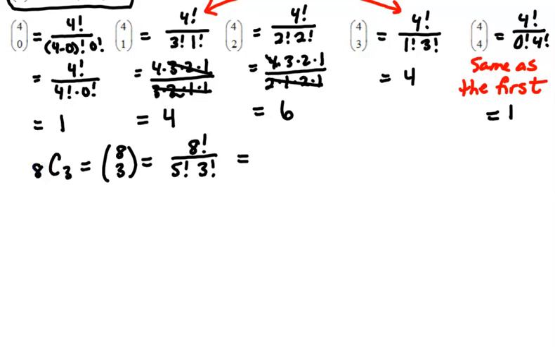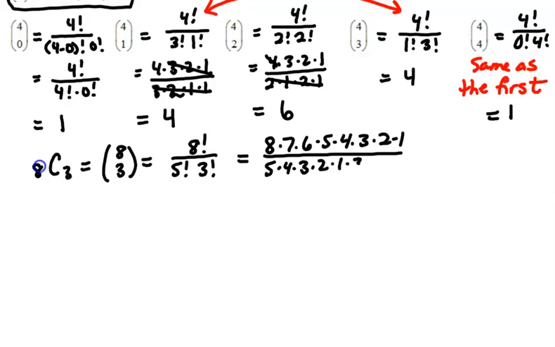Now I'm going to show you 2 ways. Okay, so 8 times 7 times 6 times 5 times 4 times 3 times 2 times 1 all over 5 times 4 times 3 times 2 times 1 times 3 times 2 times 1.